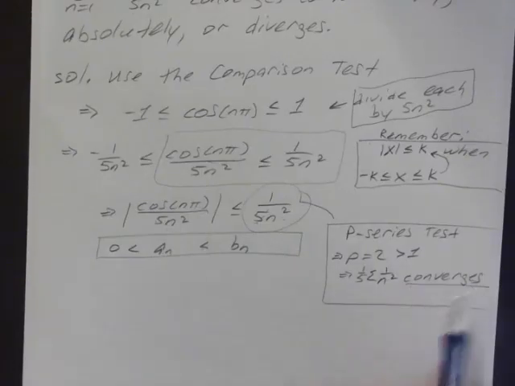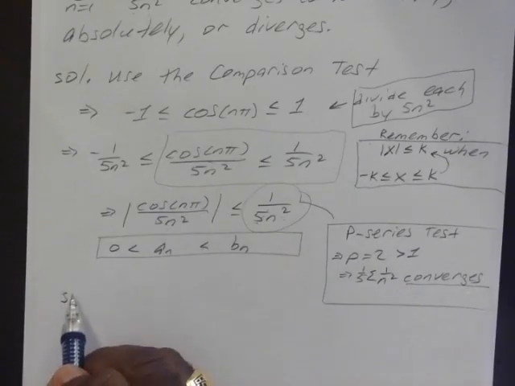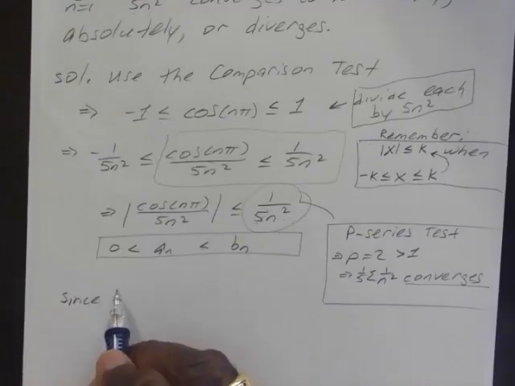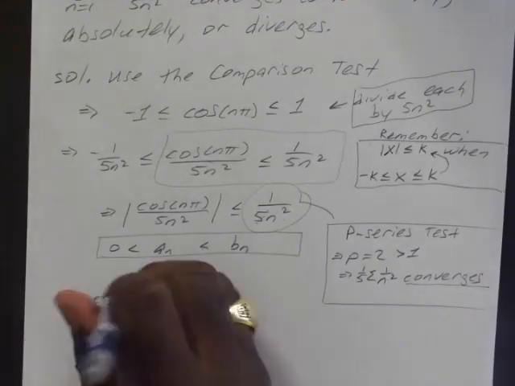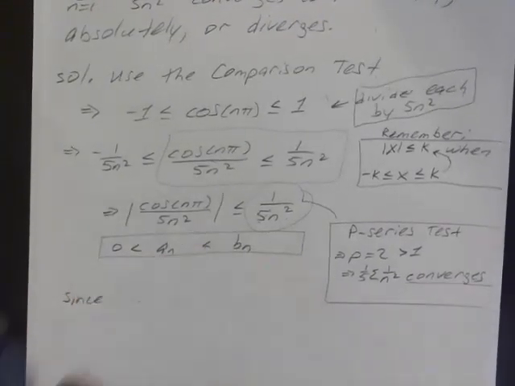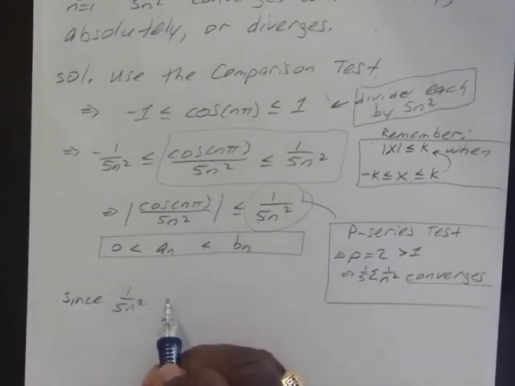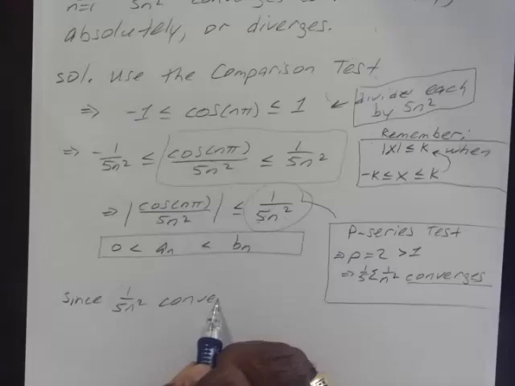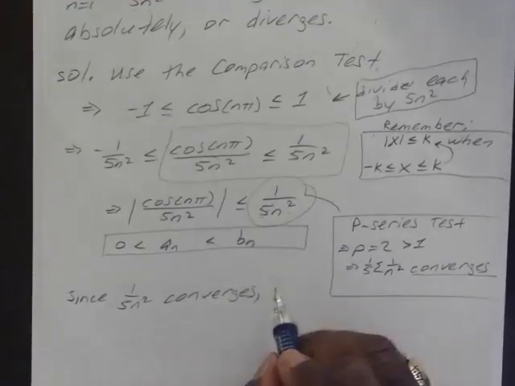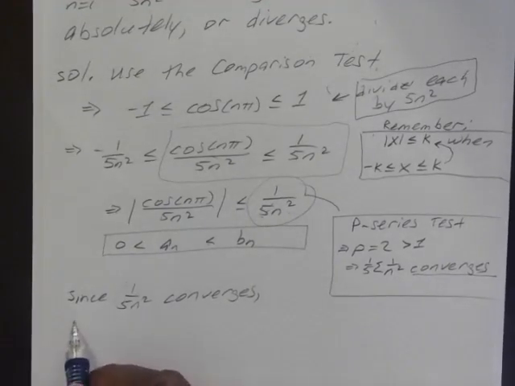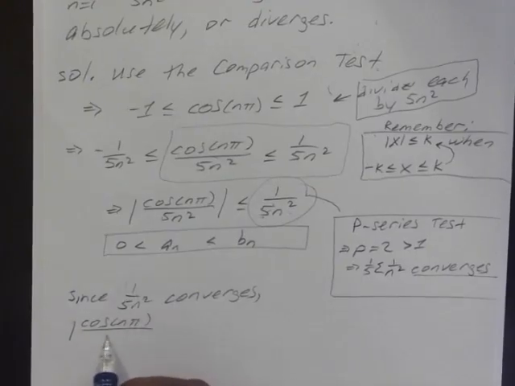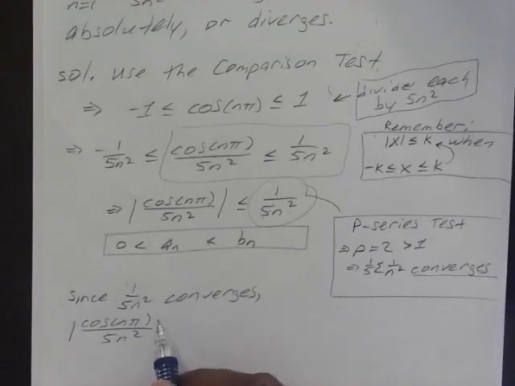Okay, so since 1 over 5n squared converges, we know that the absolute value of cosine of n pi divided by 5n squared converges.